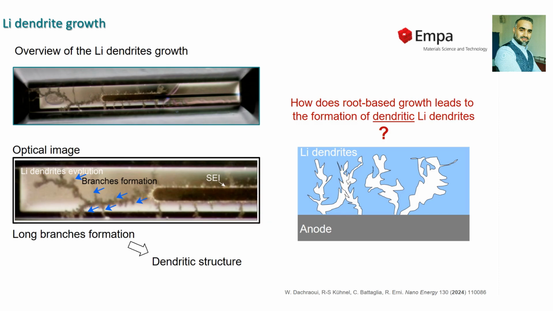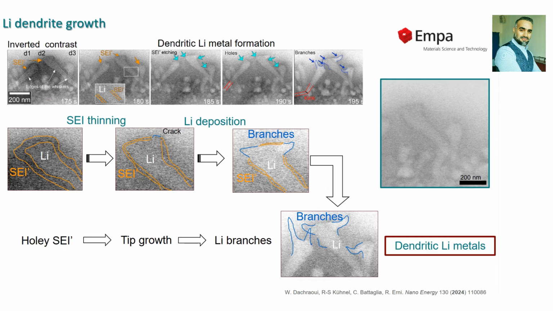So here, if we go back to our STEM images and focus on one of those lithium dendrites with this inverted contrast, we can see clearly a shell of black contrast surrounding the lithium whiskers. This can be considered a secondary SEI layer.